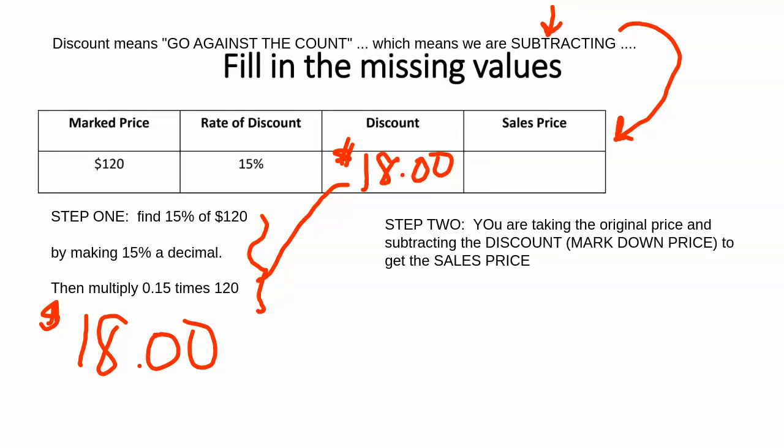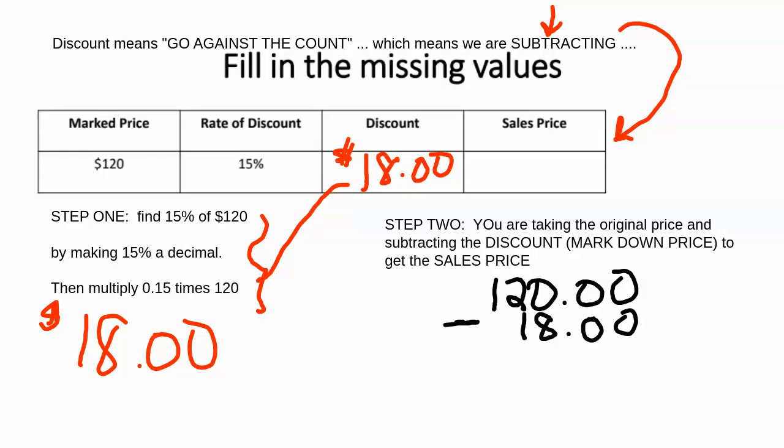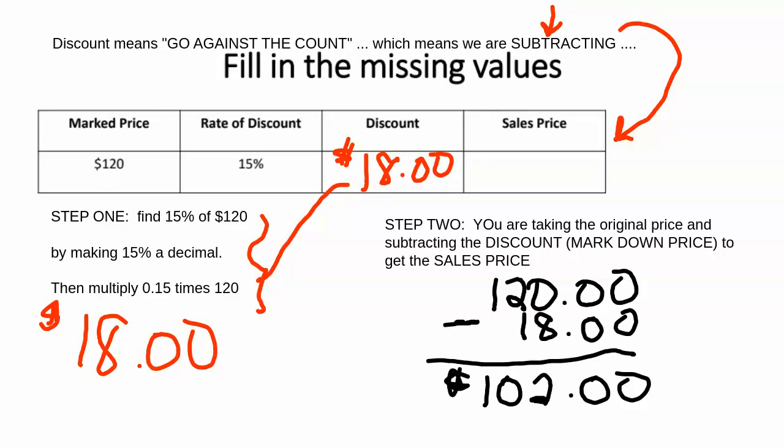So we are taking $120, we are subtracting $18, and this will give me $102, which happens to be my sales price.